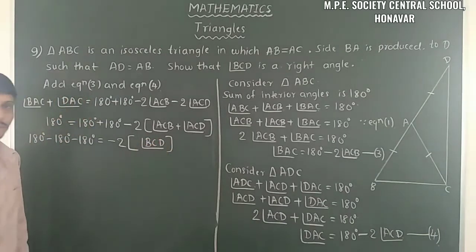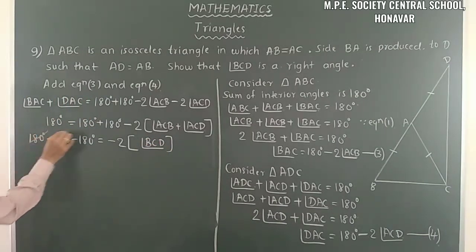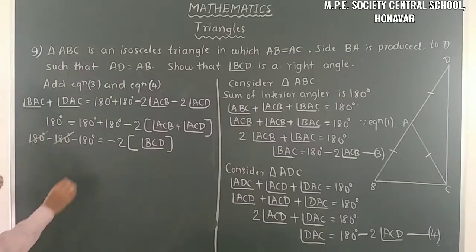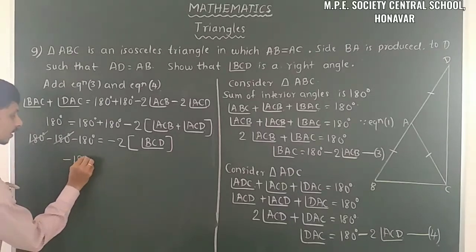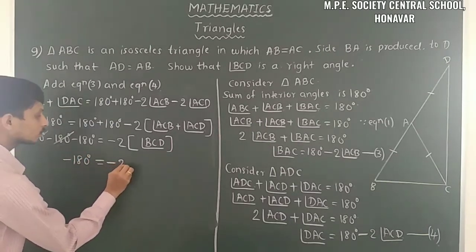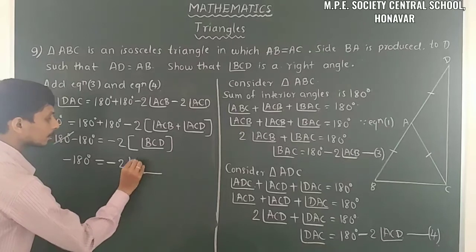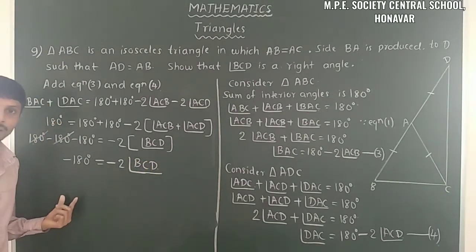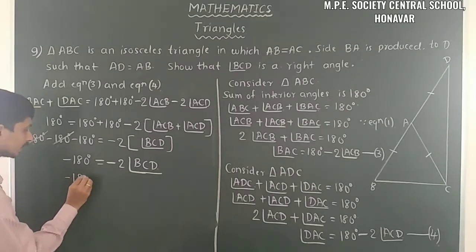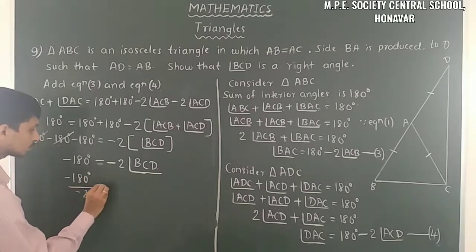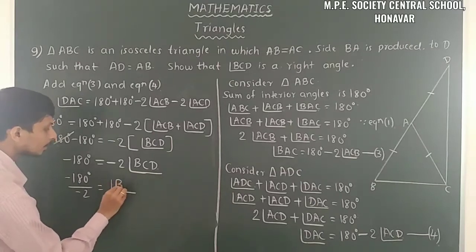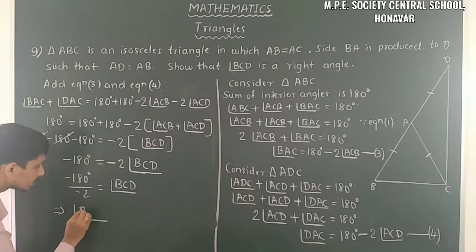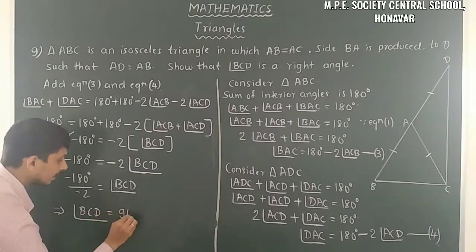One pair of 180 degrees cancels, so it remains minus 180 degrees is equal to minus 2 into angle BCD. Transposing minus 2, minus 180 divided by minus 2 is equal to angle BCD. This implies angle BCD is equal to 90 degrees.